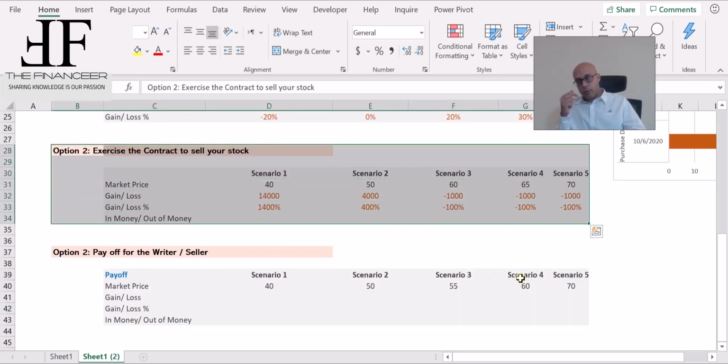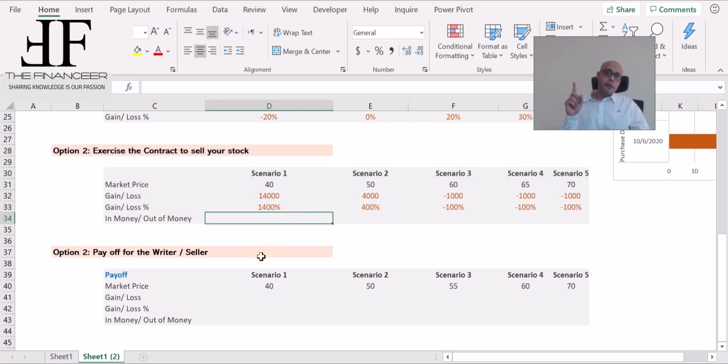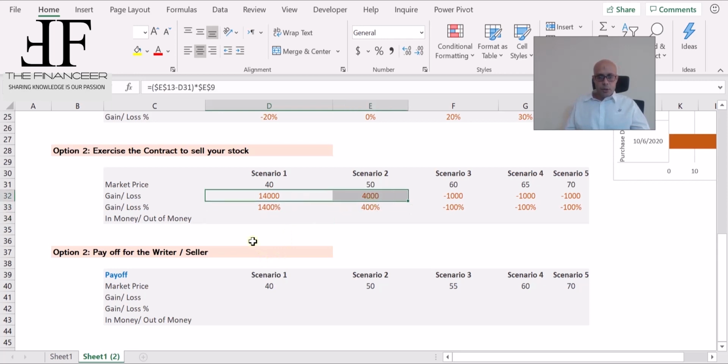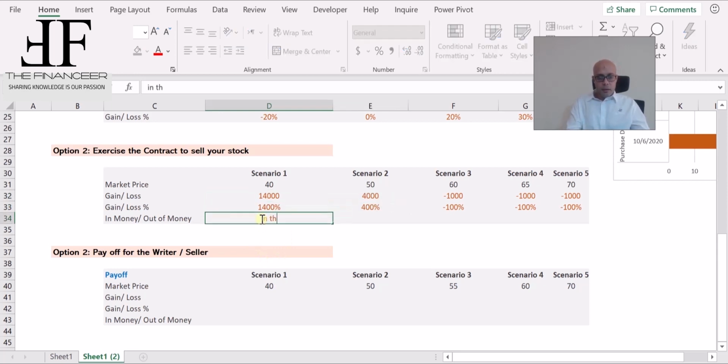One more thing before finishing the buyer side: we need to determine whether the contract for the buyer is in the money or out of the money. Simply, if the buyer is achieving gain, the contract is in the money, he got a benefit from this contract. So as long as this is a gain scenario, this will be in the money.